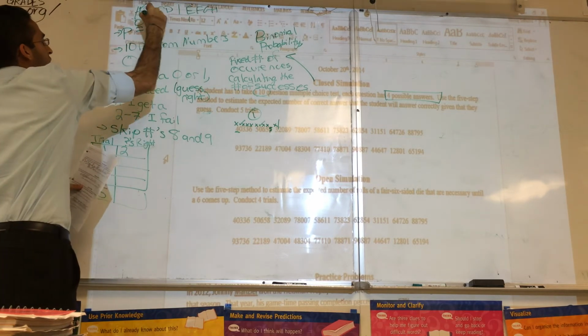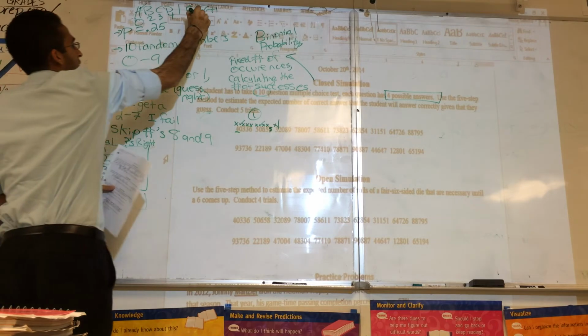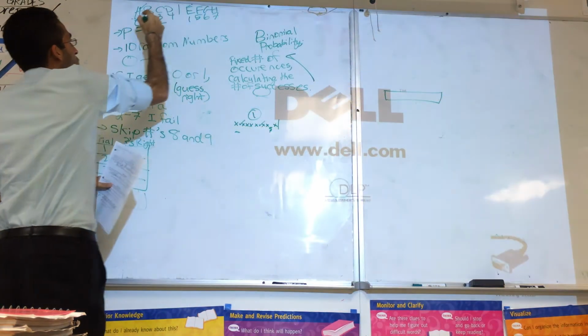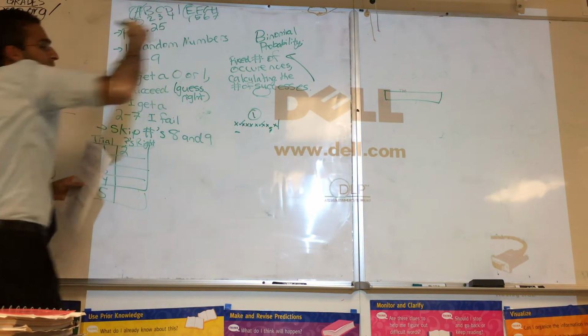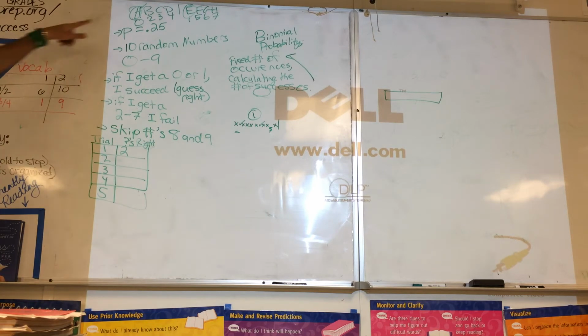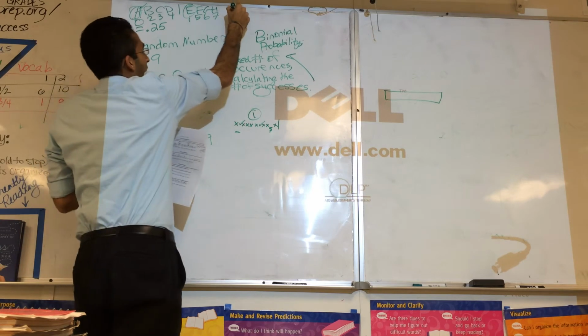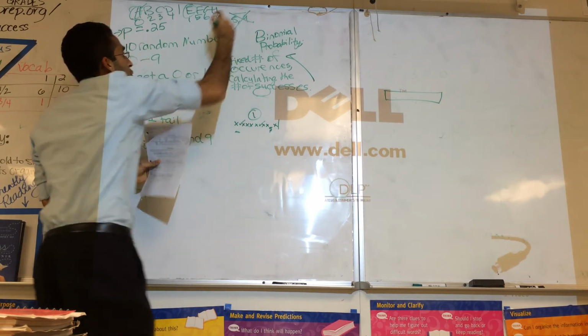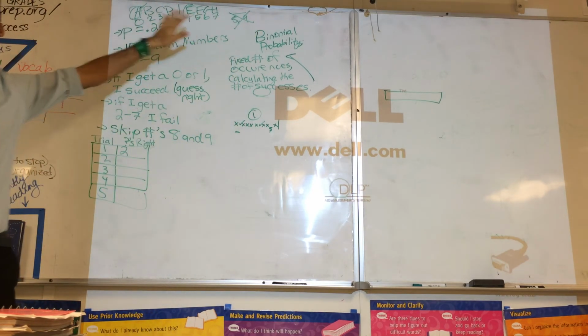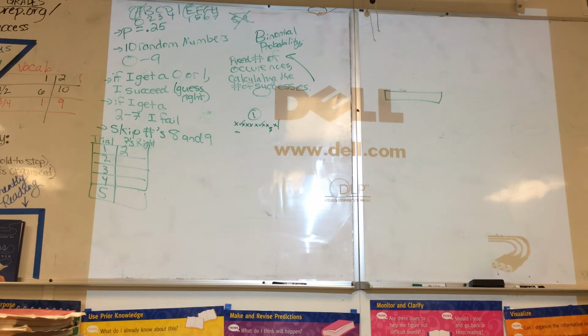These are the correct answers. 2, 3, 4 are wrong. 5, 6, 7 are wrong. So only if I get A or E am I right. Only if I get 0 or 1 am I right. The other ones don't count. And the 8 and the 9 are just going to be excluded because they don't fit nicely into the pattern of 4. You go ahead.